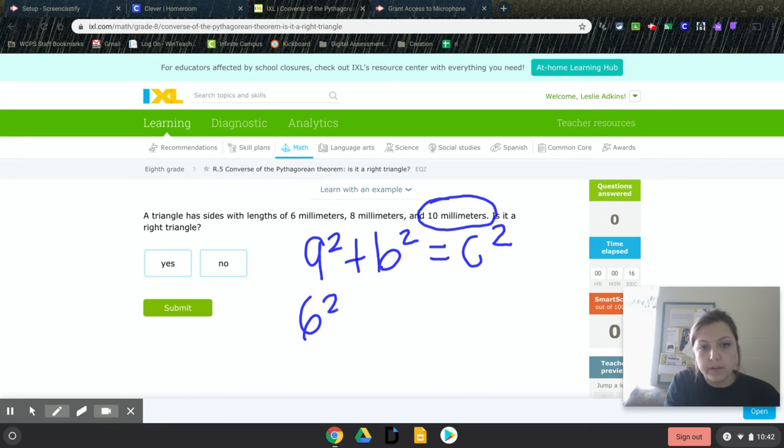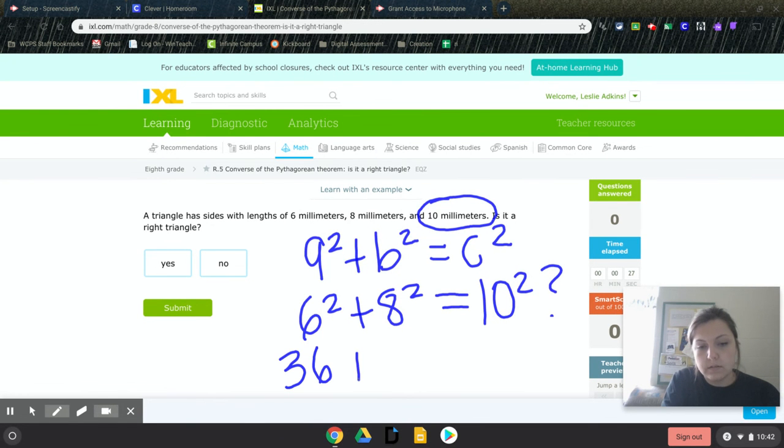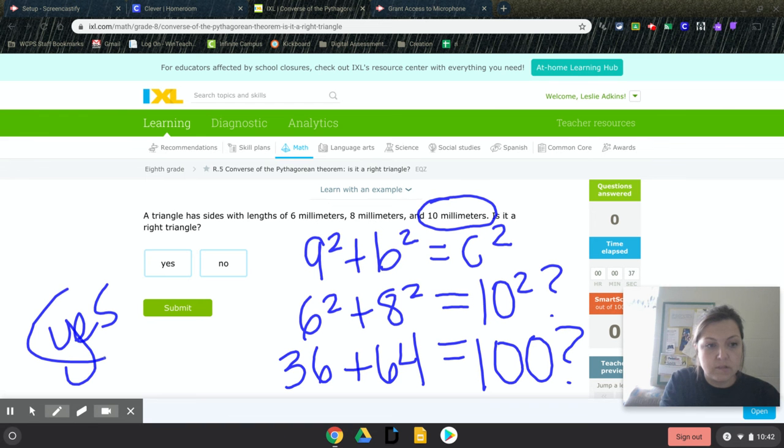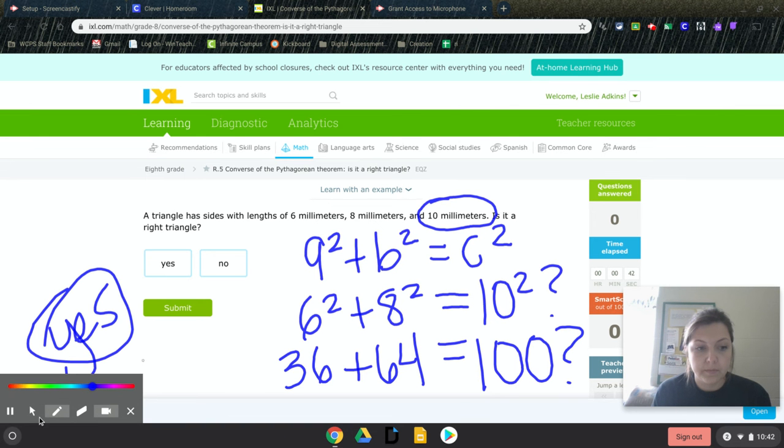So 6 squared plus 8 squared. Does that equal 10 squared? Well, 6 squared is 36, 8 squared is 64. Does that equal 10 squared, which is 100? Yes, it does. So if it makes a true statement, then it is a right triangle. So you would answer yes.